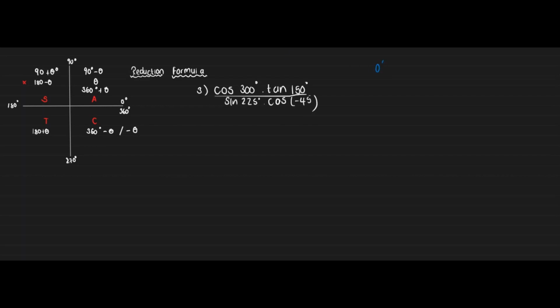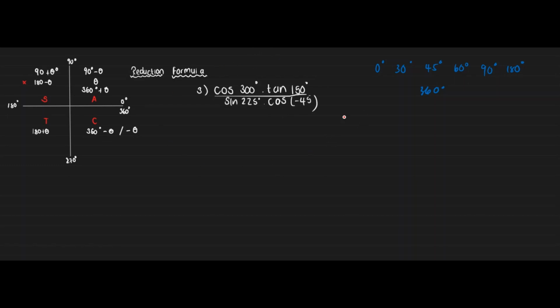You have 0, 30 degrees, 45 degrees, 60 degrees, 90 degrees, 180 degrees, and the last one you have 360 degrees. These are called special angles. So here we need to reduce each term to be a special angle, and we're going to use those special angles to simplify the question, right?